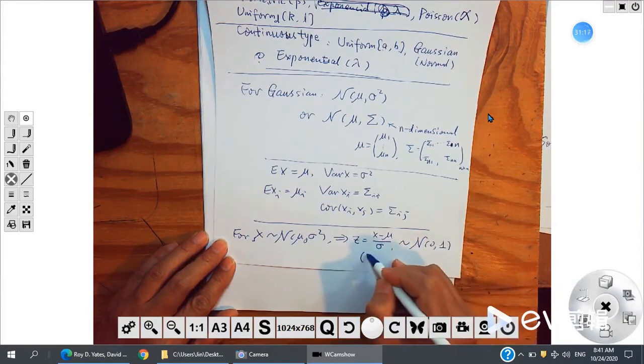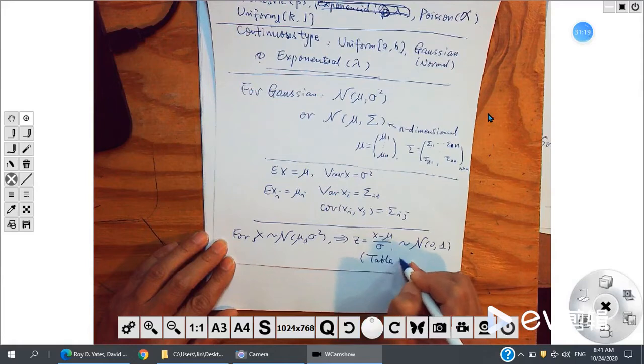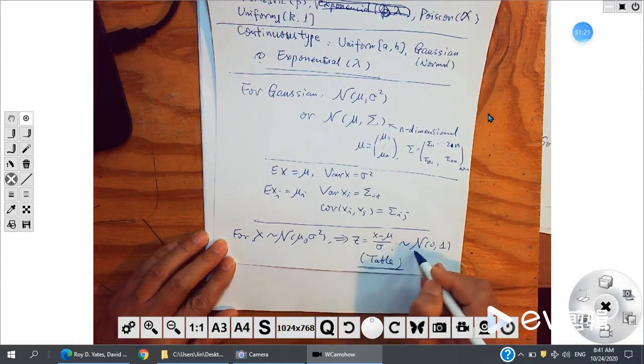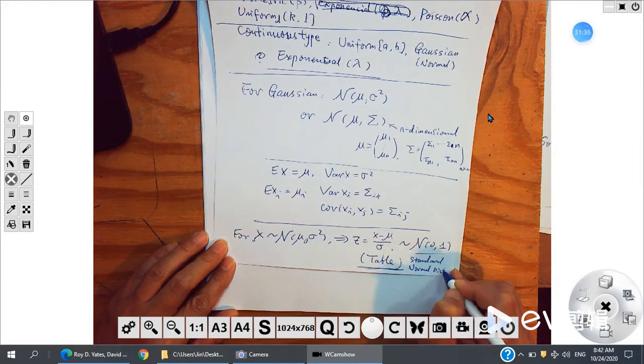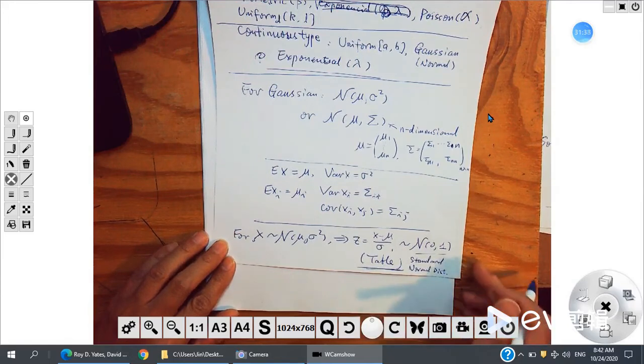We have a table, and we can use the table to calculate probabilities for this one. We call this the standard normal distribution.